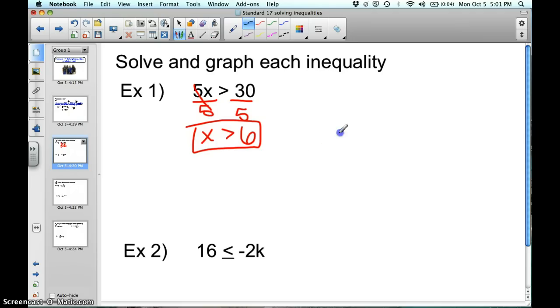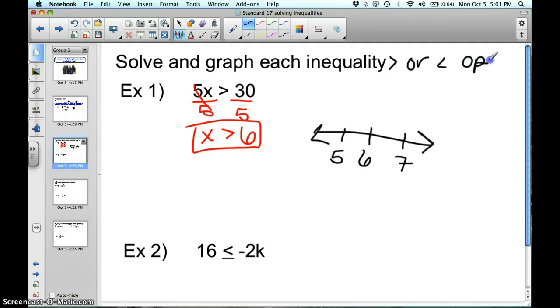So I'm going to draw my number line. I know that 6 needs to be on my number line since that's my solution, but then I'm also going to put a few numbers around it. Just a quick review of open and closed circle. If I have a greater than or a less than symbol, I'm going to have an open circle at my solution.